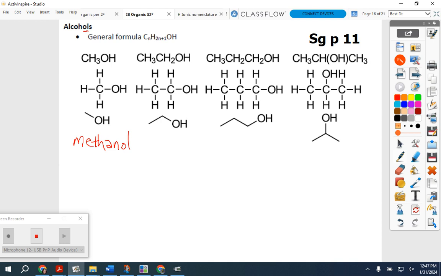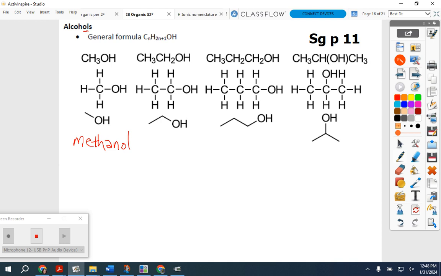One where the hydroxyl group is on the end, and one where it's in the middle. So now we have to start sticking a number in there. And it's going to be the same way that we used to designate the double bonds in the alkenes. We're going to stick it at the end, right before the suffix that tells us what the functional group is.